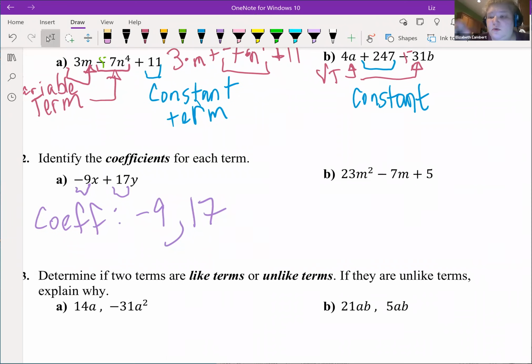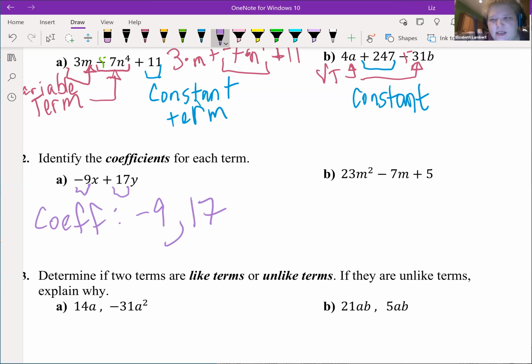Now over here, I have three terms. 23m squared minus 7m plus 5. We are not going to be doing factoring or the quadratic formula on these, so don't let this freak you out if that's making you scared or something. It's just here as an example. We're not going to do factoring. And if you ever have to, Google.